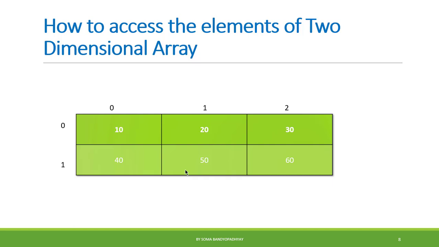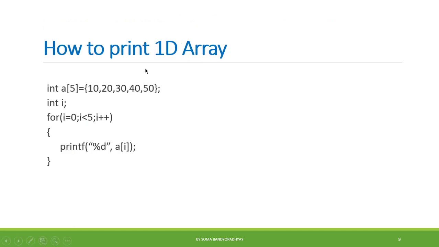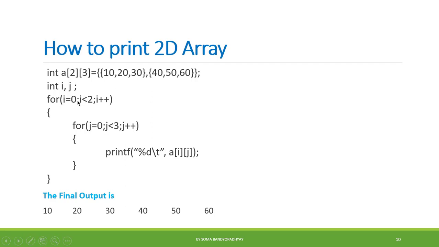Now let's learn how to print the two-dimensional array. We can print a single-dimensional array using a single for loop. Two-dimensional array elements can be printed using a nested for loop. Initially, we initialize i equal to 0 and check whether i is less than 2.